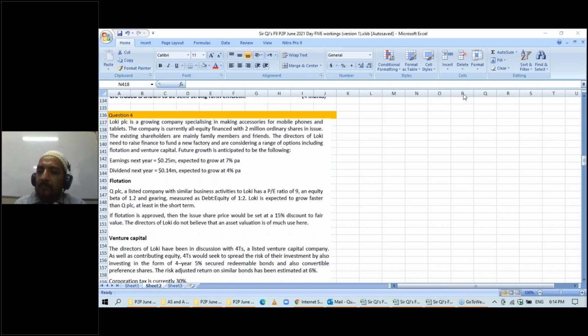Imagine you are an investor and you either want to buy shares in a limited company, or you want to buy a loan note or a convertible bond of a company. What price will you be ready to pay for a particular share?